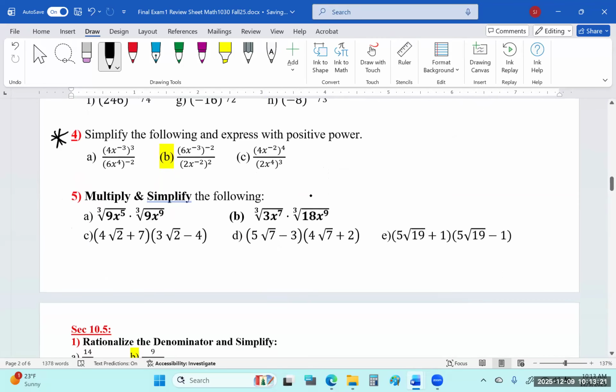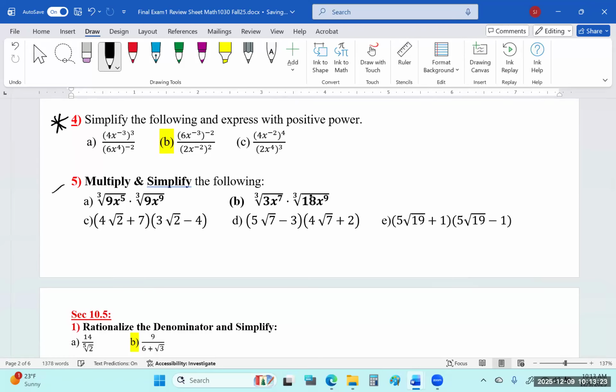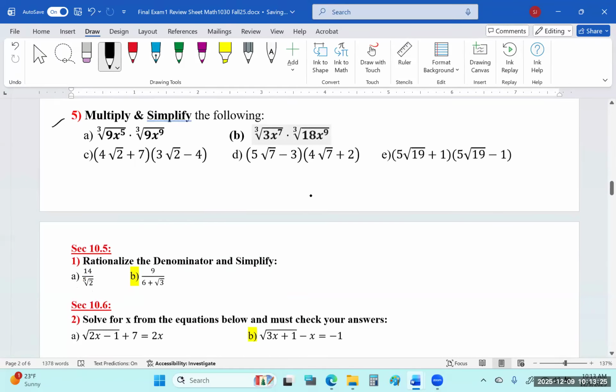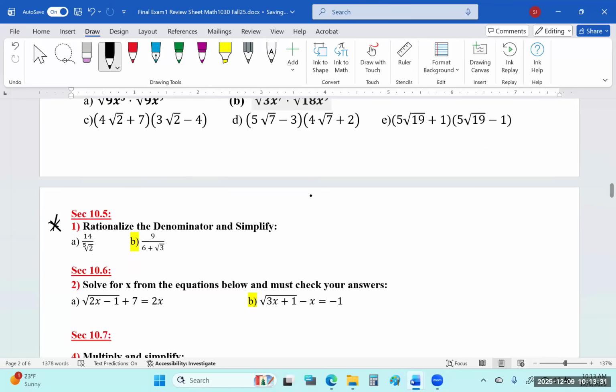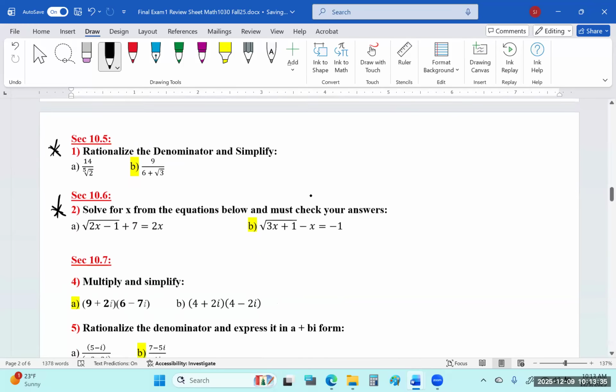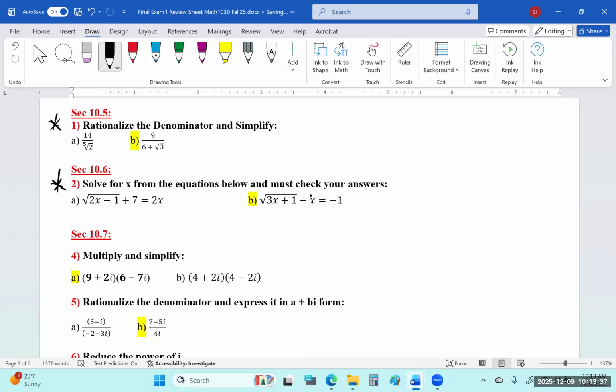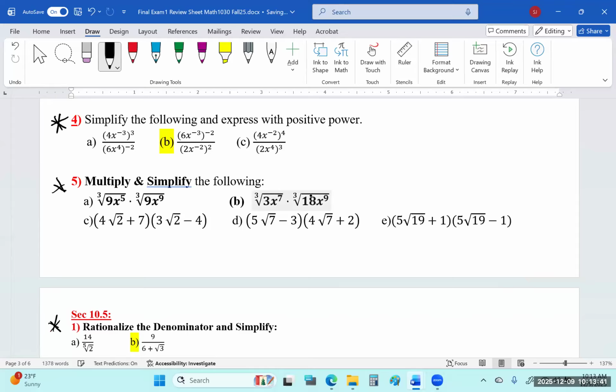For multiplication, sometimes. Rationalize the denominator, mostly always. Solving radical equation, mostly always. Multiplying, so either this multiply or this multiply. One of these multiplications always comes.